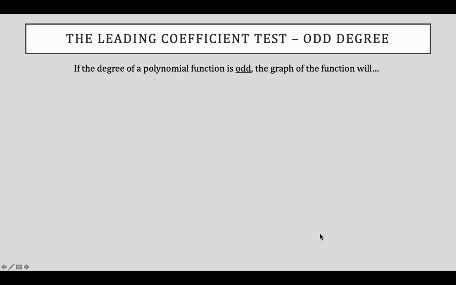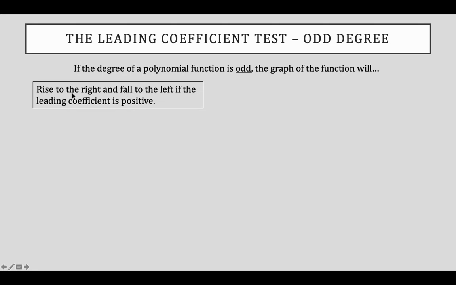So to use the leading coefficient test, we need to identify the leading coefficient of the polynomial as well as the degree. If the degree of the polynomial is odd, that's an odd number, 3, 5, 7, 9, a number that is not divisible by 2, the graph of the function will rise to the right and fall to the left if the leading coefficient is positive.